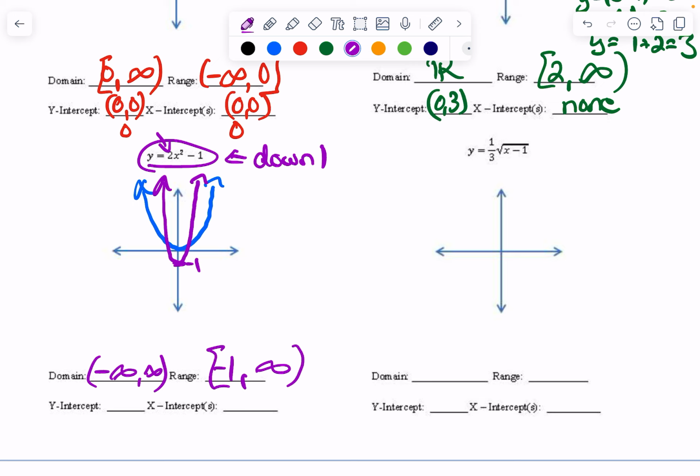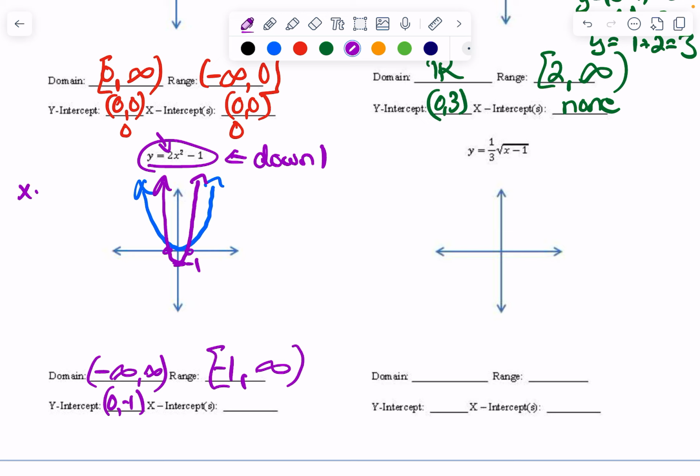Our y-intercept is going to be (0, -1), and our x-intercept is something that we need to calculate here. It's crossing the x-axis, so we need to know what that is.